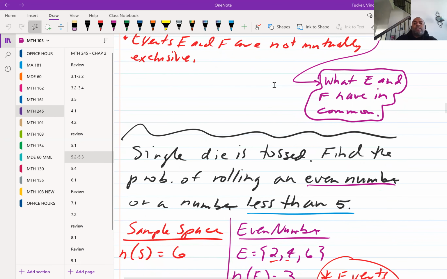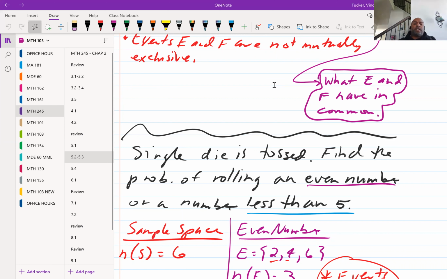Okay. So we have a single dice toss. Find the probability of rolling an even number or a number less than 5. All right.